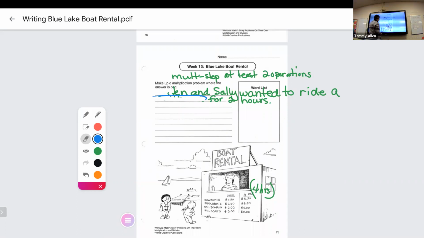Want to use rowboats? Yes, no? Rowboats? So what do you use? Will that give us an odd answer?